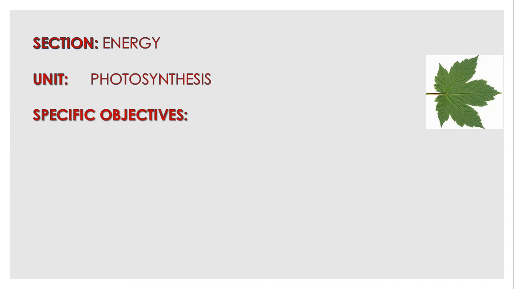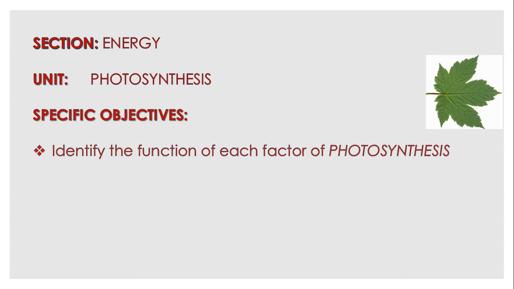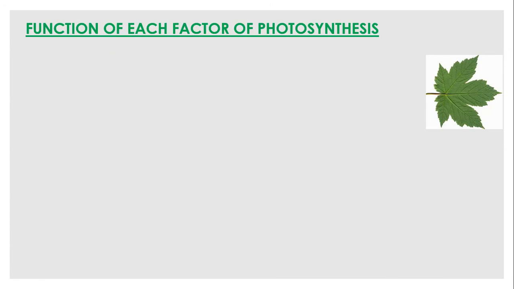Today, we are looking at yet another important aspect of the topic. So we should be able to identify by the end of the lesson the function of each factor of photosynthesis. I asked you to do a research into the functions. I hope you did. Okay.